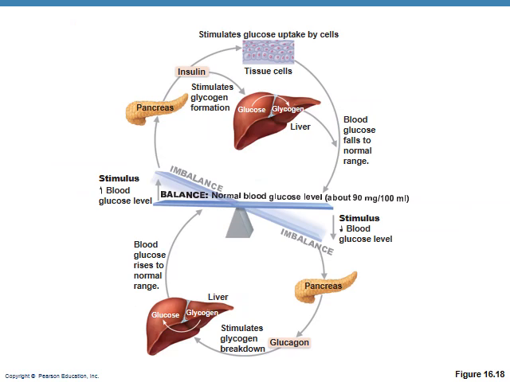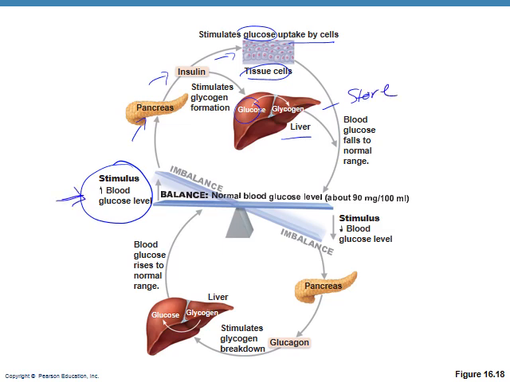Here's a great figure from your book. So here, your stimulus, your blood glucose level, is high. If your blood glucose level is high, it causes your pancreas to release insulin. Insulin is going to tell your cells to take up glucose, and it's going to tell your liver to store glucose.